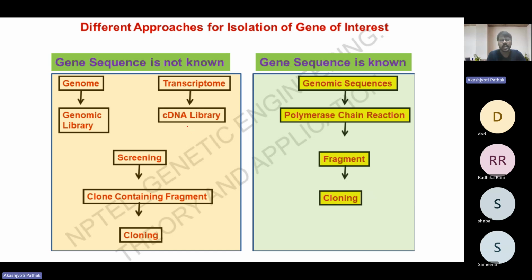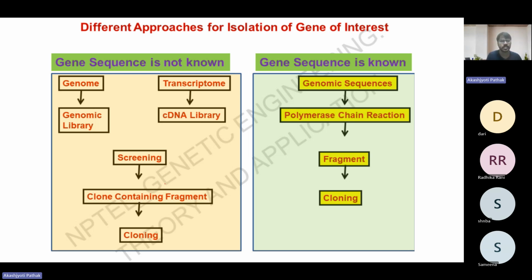Because what will the cDNA have? It will not have any introns. It will only have that part of the genome which will first be transcribed into mRNA and then translated into protein. That is why it is the transcriptome. Transcriptome means only that part of the genome which will code for a protein. Okay, and then screen for it.